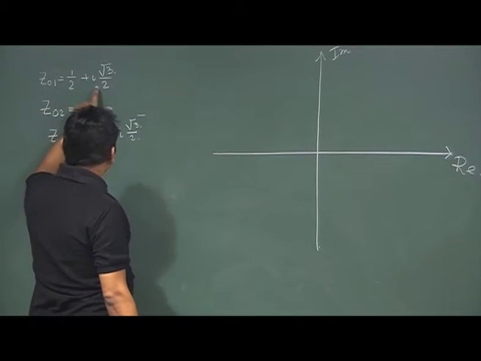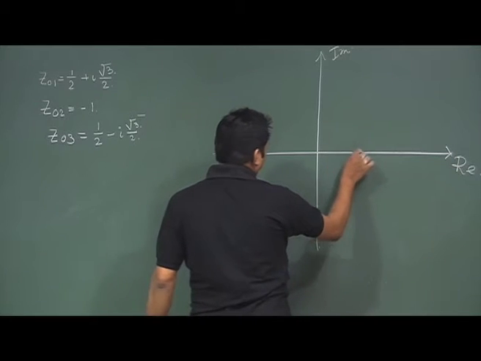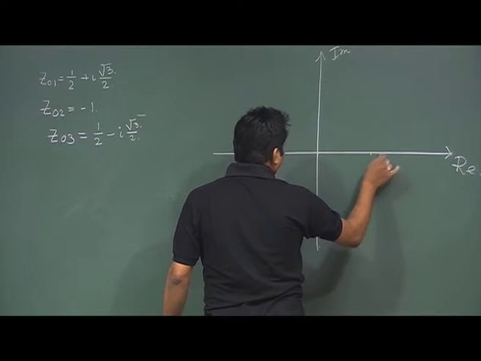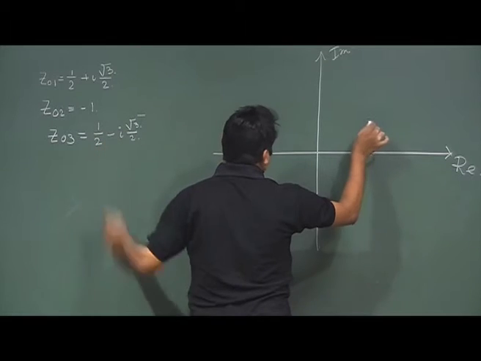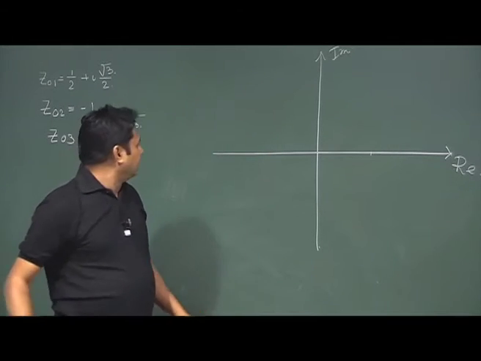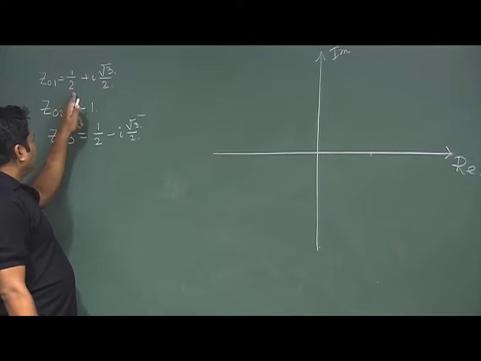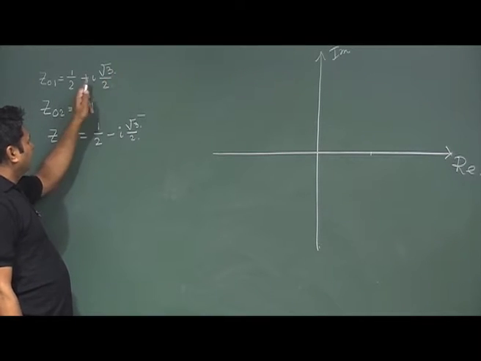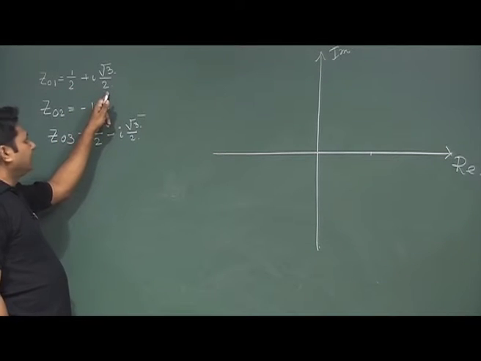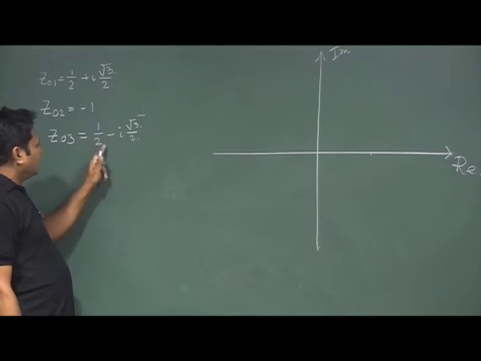This is half, minus root 3 by 2. So half somewhere here and root 3 by 2 somewhere here. So the radius is 1. Let us put first all the cases, the amplitude is 1. So this is (1 by 2) square plus (root 3 by 2) square, that means 1 by 4 plus 3 by 4, this is 1, this is 1, this is also 1.